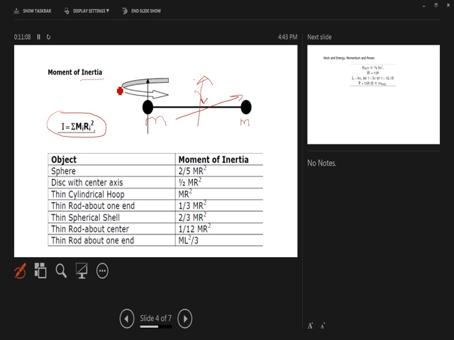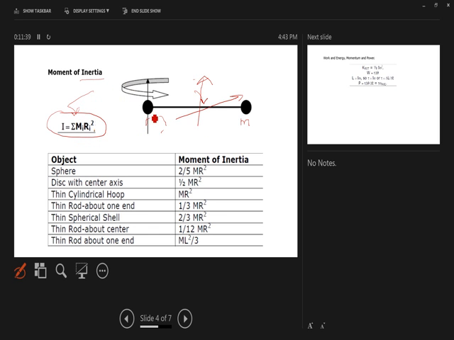And it's not just one number, because the resistance will change depending on where the axis is rotated relative to the location of the masses in the structure. So notice this particular summation. The m's here says m sub i, so that's mass 1 or mass 2 or mass 3, however many you have. And r sub i is the location of each mass relative to the axis of rotation.